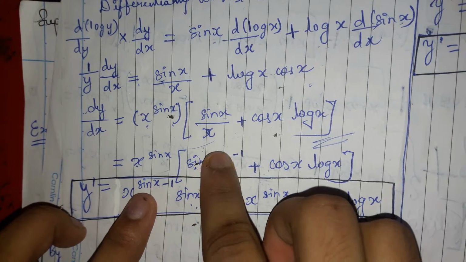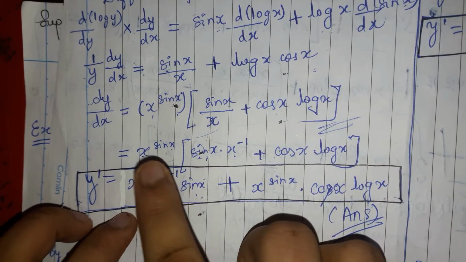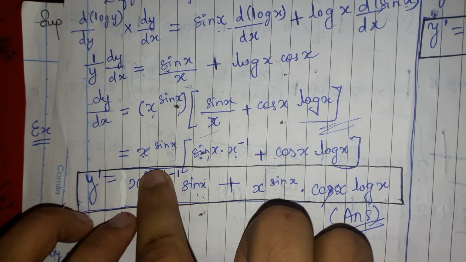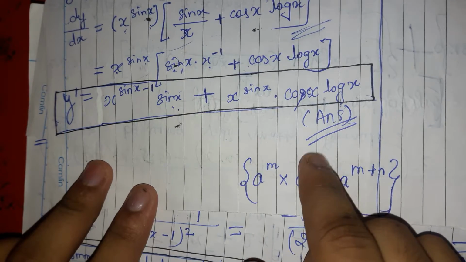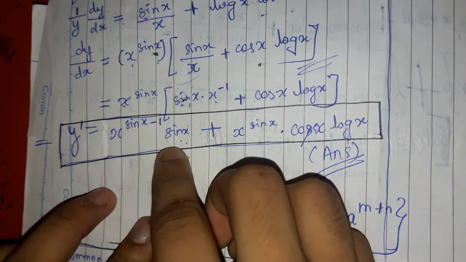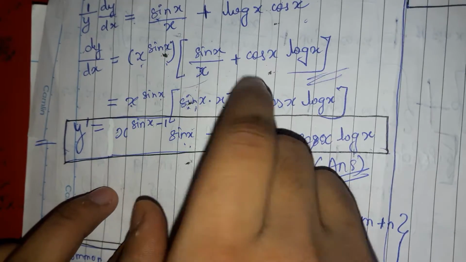x to the power sin x, x goes up: x to the power sin x minus 1 sin x plus cos x log x x to the power sin x. Then I applied the formula a to the power m into a to the power n is equal to a to the power m plus n. I have distributed x to the power sin x to both of them.